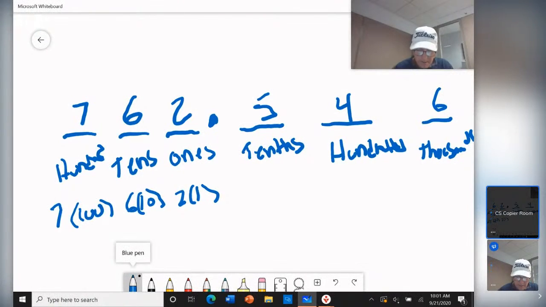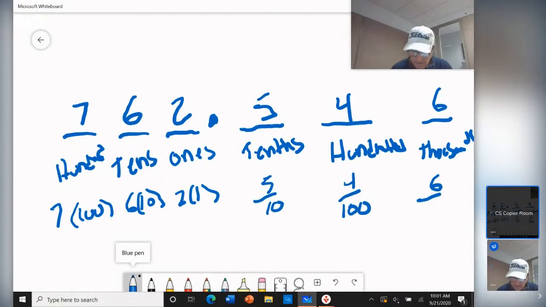What this is going to be is 5 over 10, 4 over 100, and 6 over 1,000.